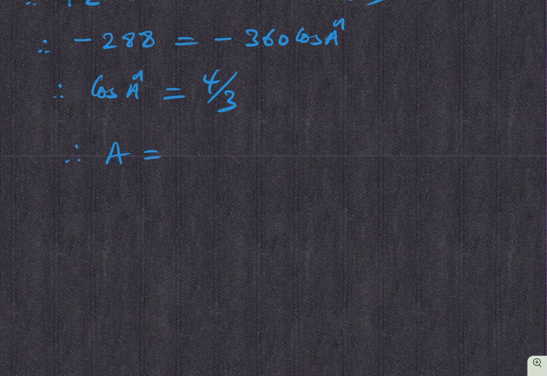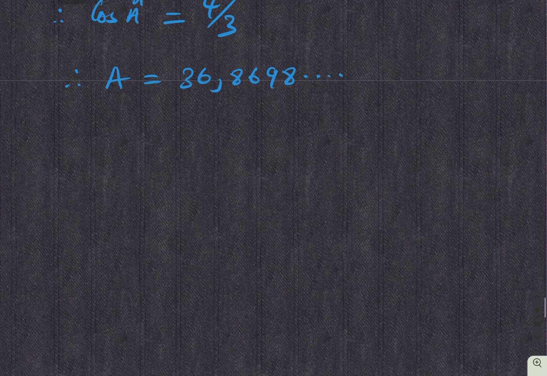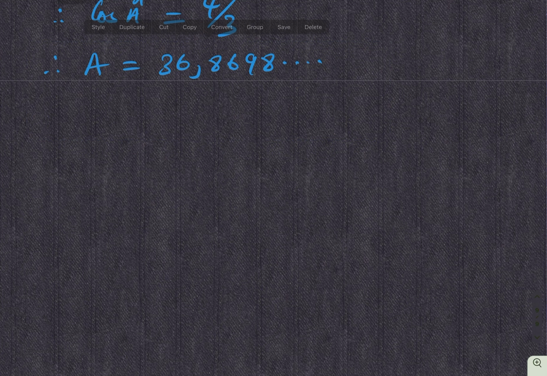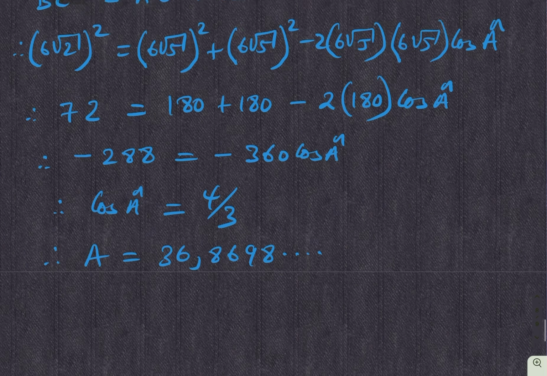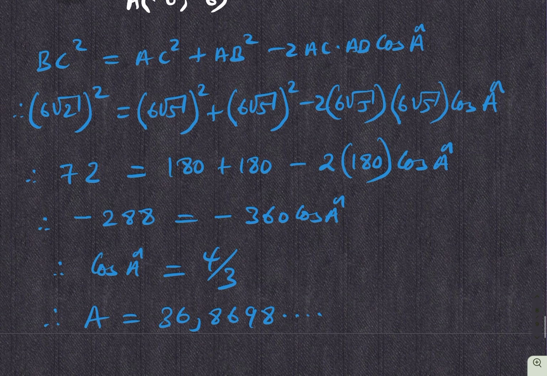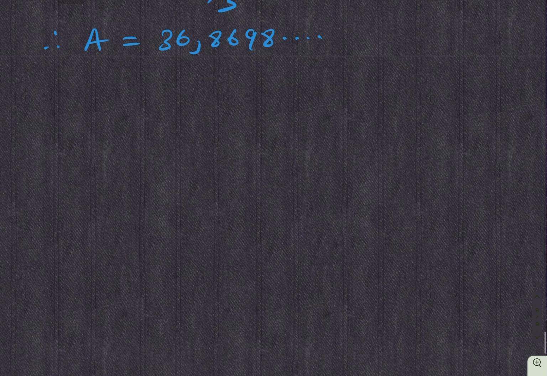Therefore, the angle is going to be equals to 36.8698. Don't really round it off for now. You may round it a bit later. I don't have to round answers off because it may really affect my answers, so I don't want any complications. You are definitely going to get this one now.